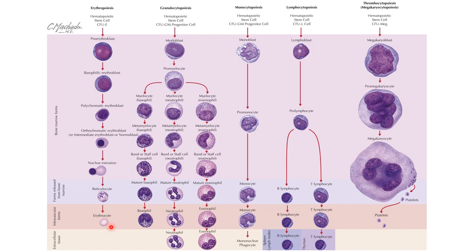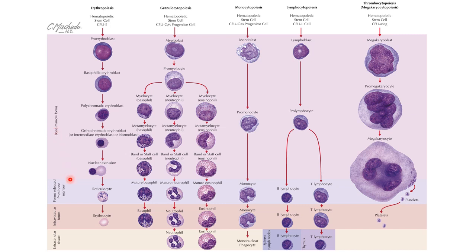Okay, so first you have here the different portions of the diagram that are color coded. First would be this light pink portion right here. This means that all the cells that are included in this light pink area are still within the bone marrow.